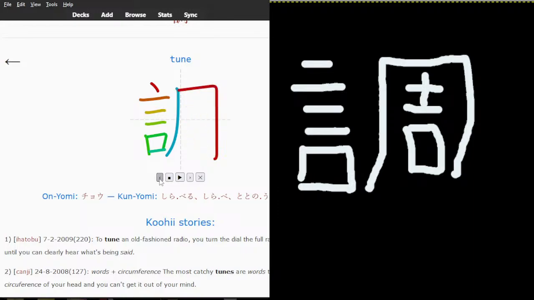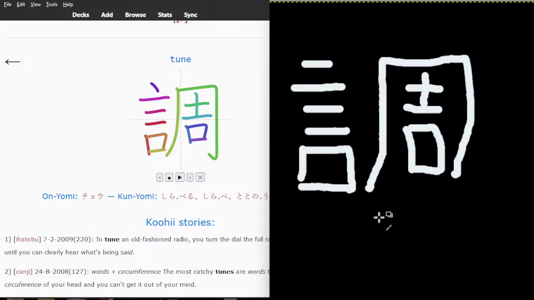Oh, you can also see the stroke order, which is kind of nice. Though once you know the stroke order for this left one, it's always going to be the same. Oh yeah, that's much faster. I don't really sweat the stroke order too much. It definitely helps, and usually when I write this, I'm not writing on my computer.